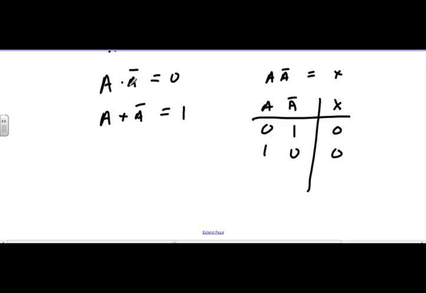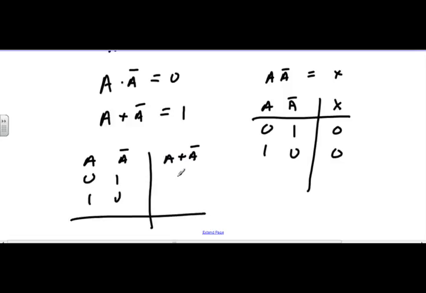Whichever one is true, the other one's false. It doesn't matter which one it is, you end up with a 0. A or A naught is 1, 1. If I have an A or an A naught, or it could be a B or a B naught, or a C or a C naught, either way, I'm going to end up with 1.